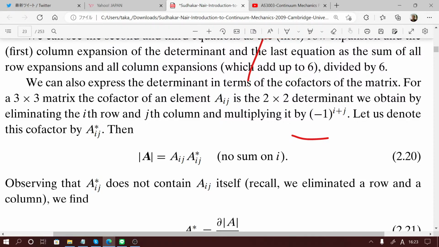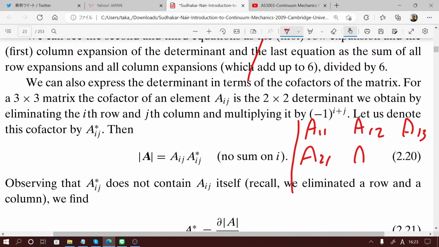So this is like this, right? If you consider the determinant A11, A12, A13, A21, A22, A23, A31, A32, A33.